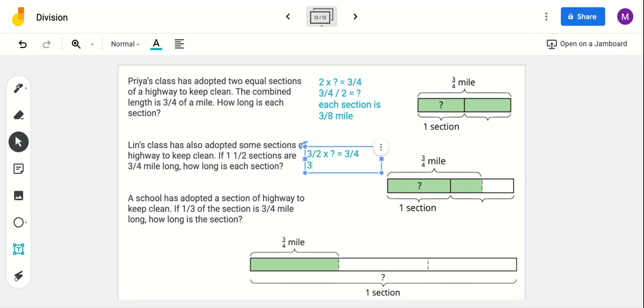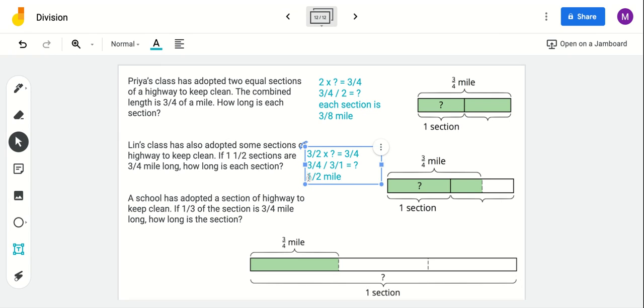Or I can do 3/4 of a mile divided by 3/2 equals some length. Well, 3/2 times what equals 3/4? Well, my numerator is staying the same, so my numerator is going to remain a 1. And 2 times something equals 4, so my denominator is going to be 2. So each section is 1/2 of a mile.